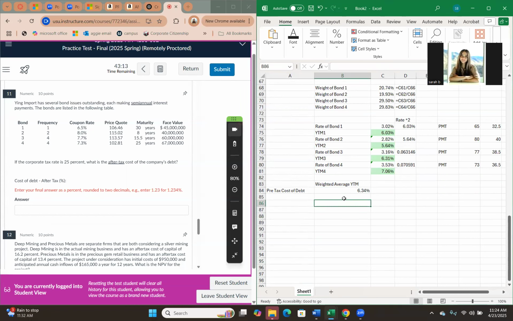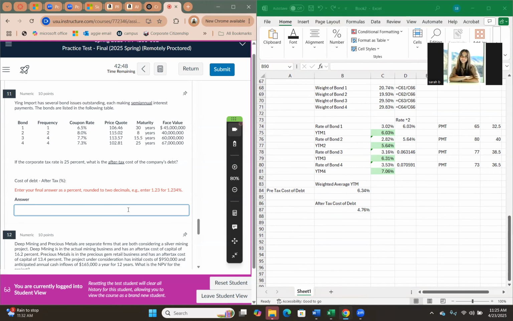Remember to times it by 1 minus the tax rate to get the after-tax cost of debt. Percent times this. And we get 4.76. And that's our after-tax cost of debt.